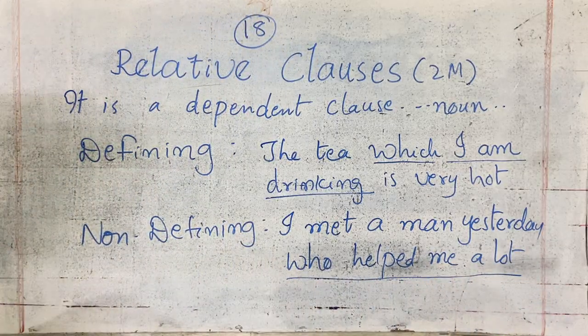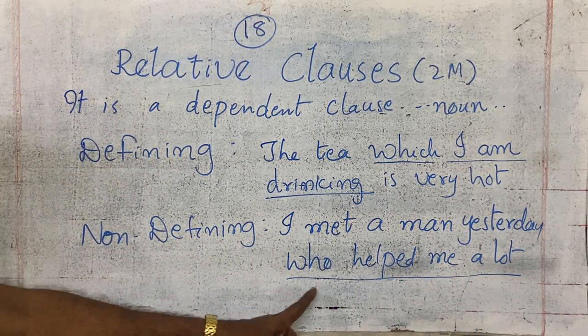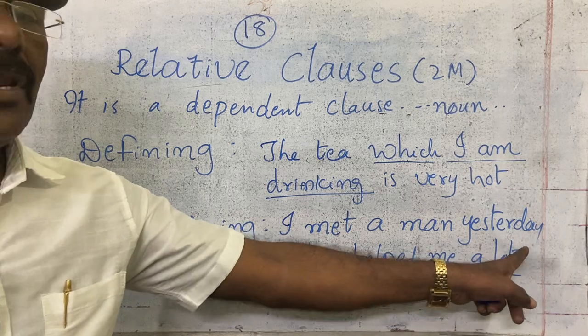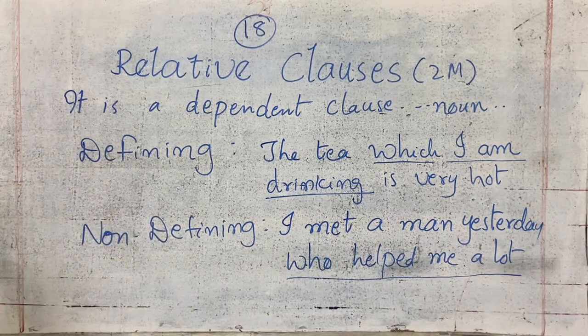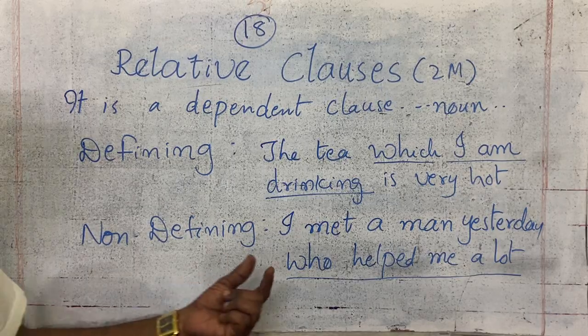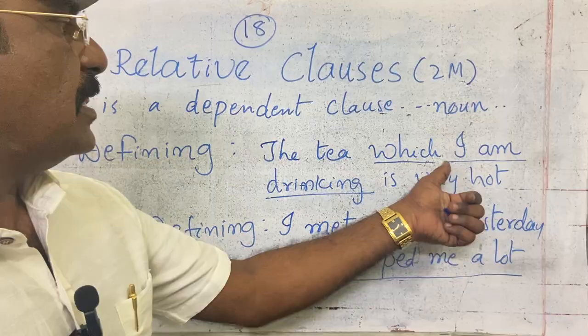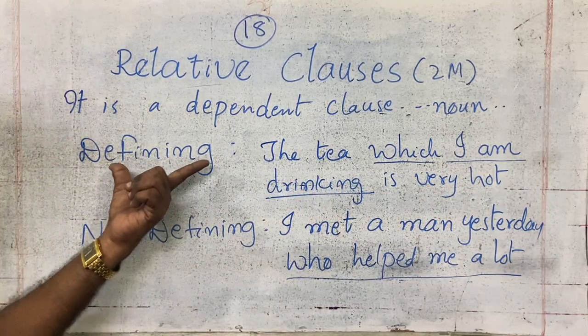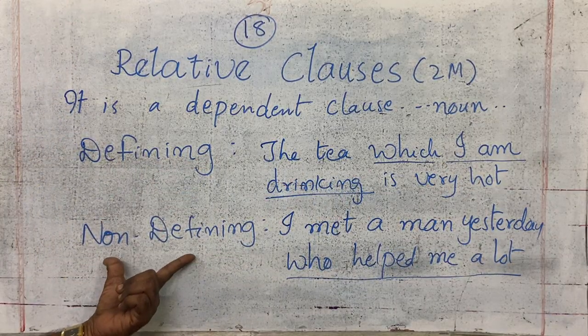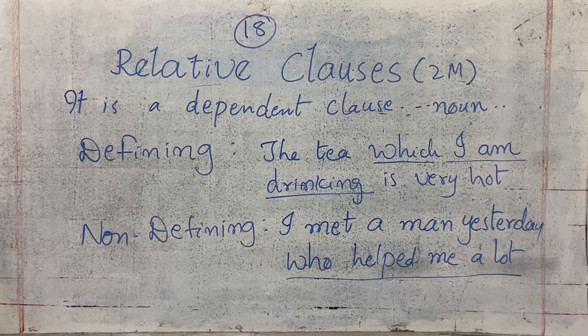Here, if you remove "who helped me a lot", the meaning is not disturbed that much. That is called non-essential information. But in the earlier one, this is the main information. So that's why these are called defining and these are called non-defining relative clauses.